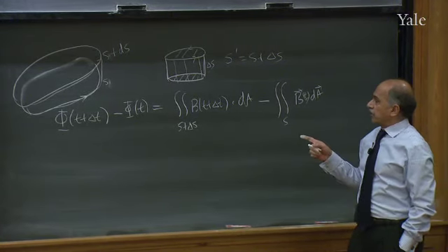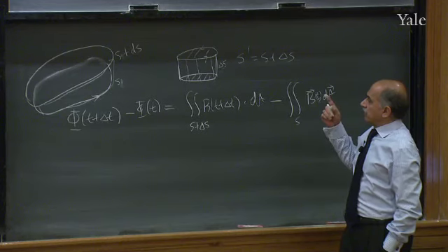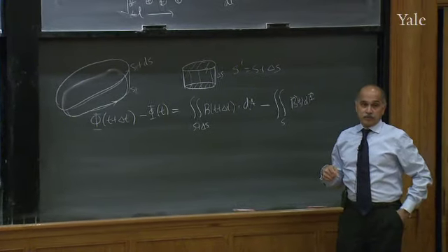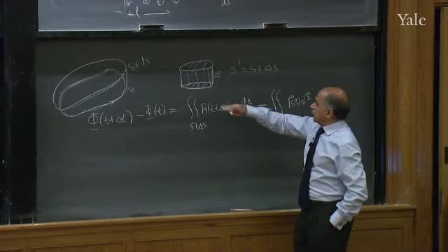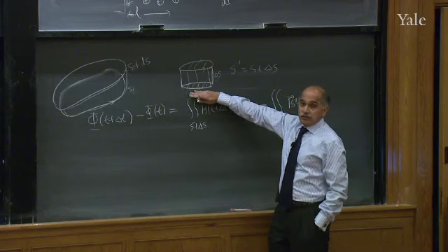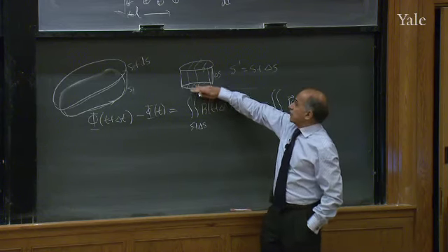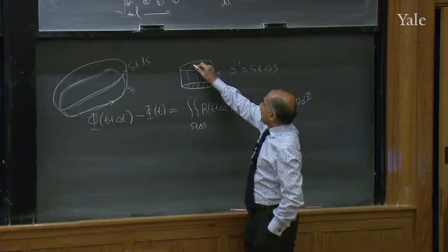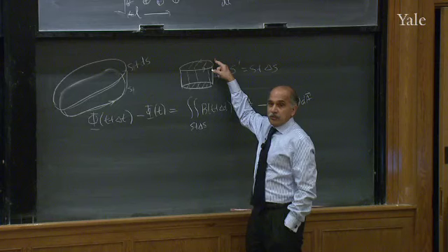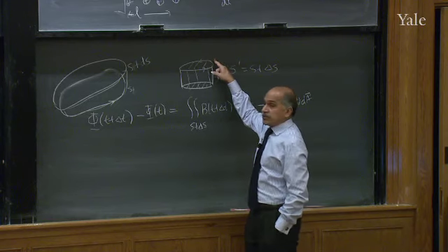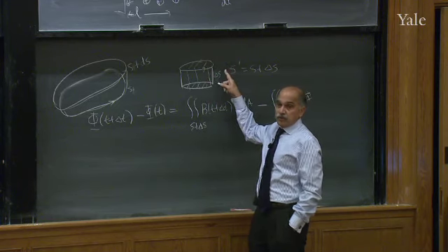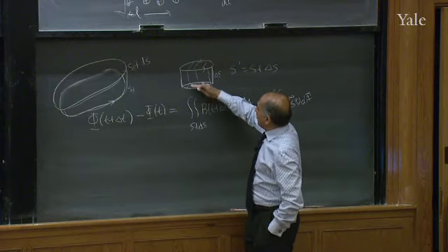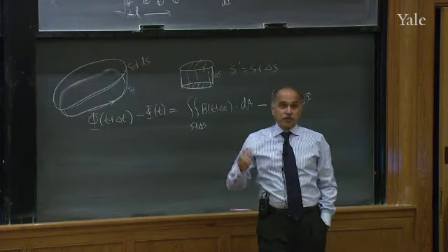This part is quite subtle, and it took me a while when I first learned it to understand what the point was. See, the surface used to be the bottom half of the cylinder, the bottom plate. The new surface is the top plate. So natural instinct will be, let's find B dot dA on the top face, but we don't want to do it that way. We purposely want to take another surface with the same boundary, because we're allowed to. That is the old surface plus the vertical sides. That's the main point.